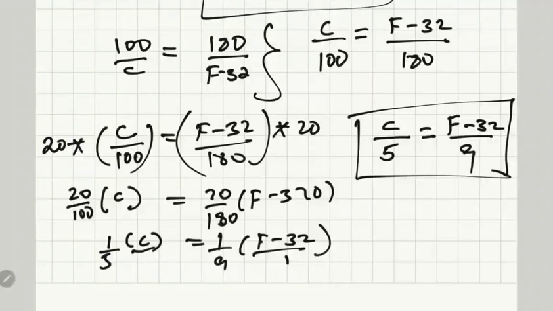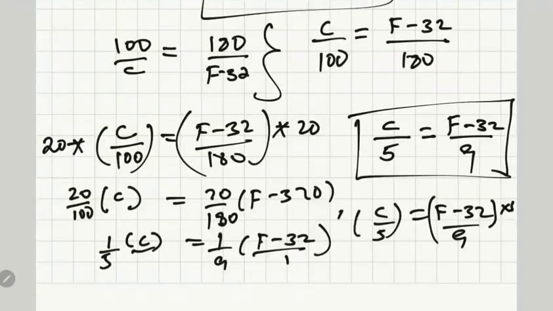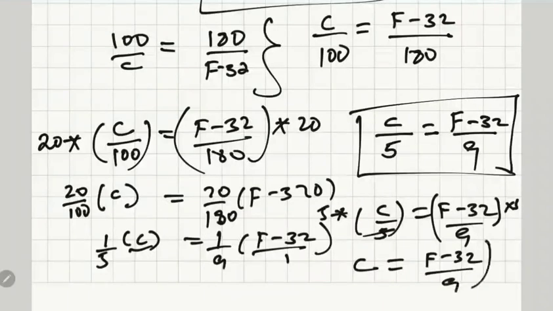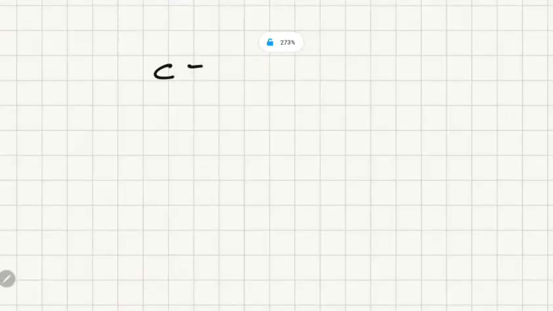To write this equation with C as the subject, you have C over 5 is equal to F minus 32 over 9. Now multiply both sides by 5 to get C. So when you multiply by 5, this 5 is cancelled. So C is equal to F minus 32 over 9 times 5, or C is equal to 5 over 9 of F minus 32.